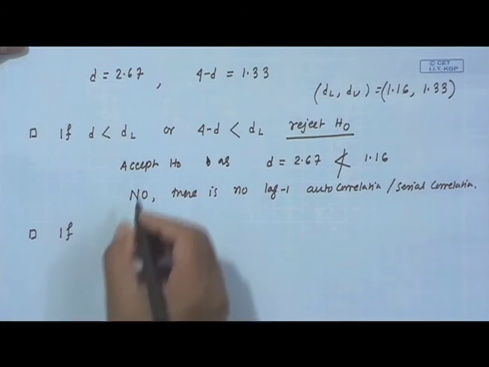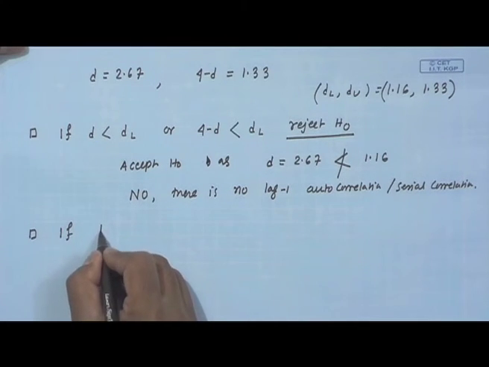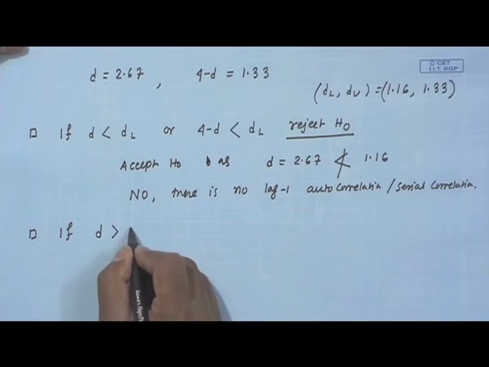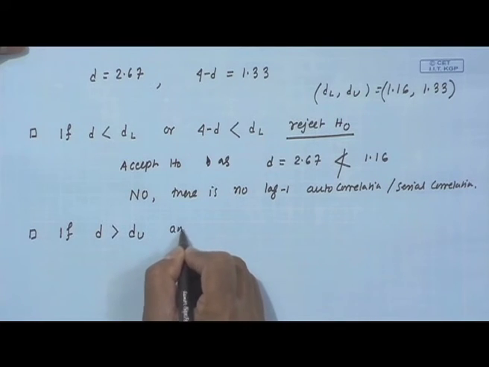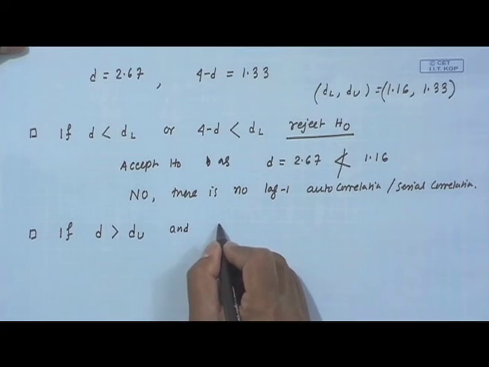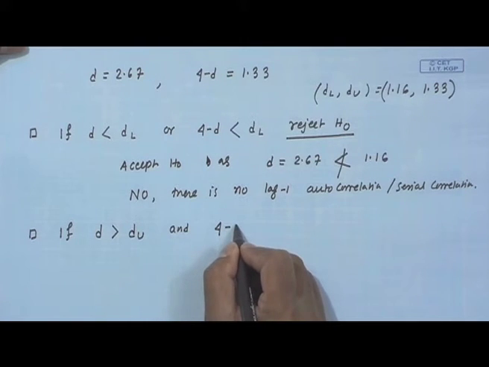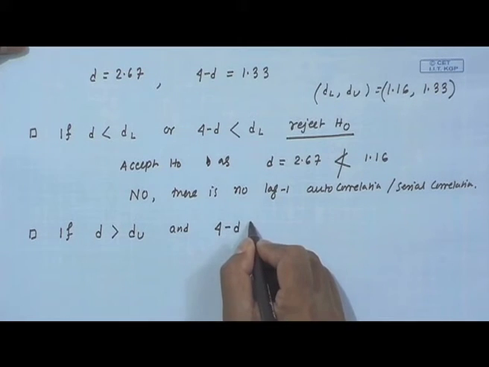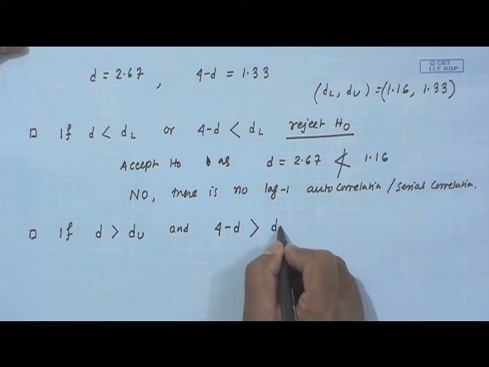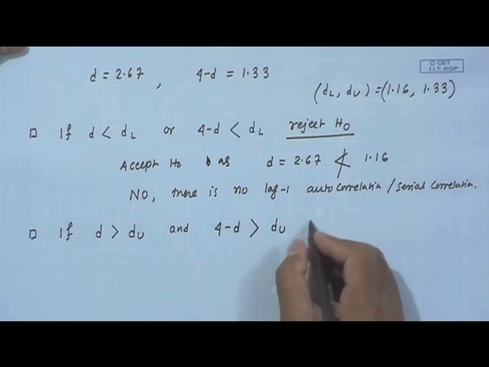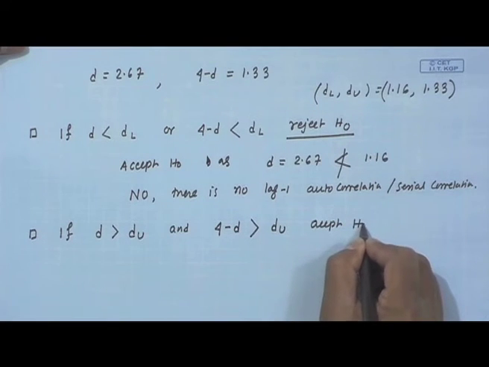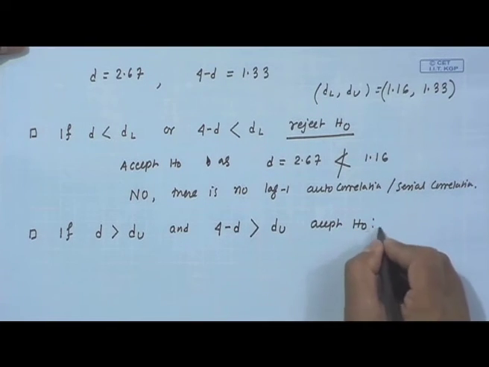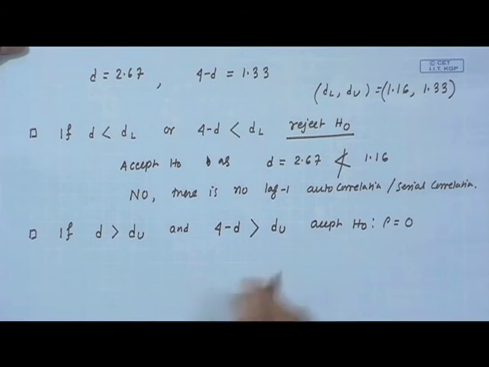Of course, you will get the same result: if d is greater than dU and 4 minus d is greater than dU, then it says that you accept H naught, which is rho equal to 0.